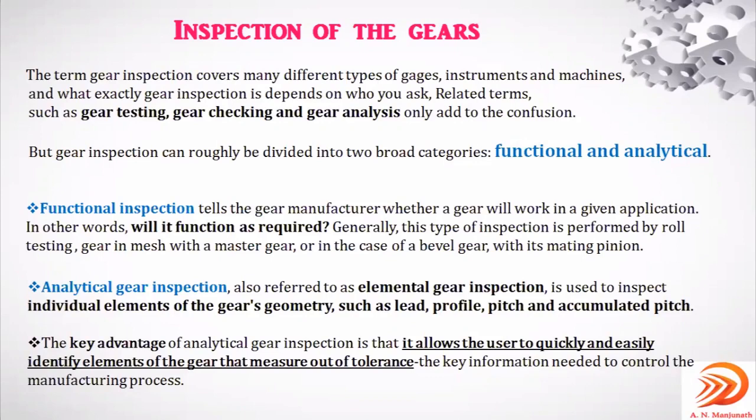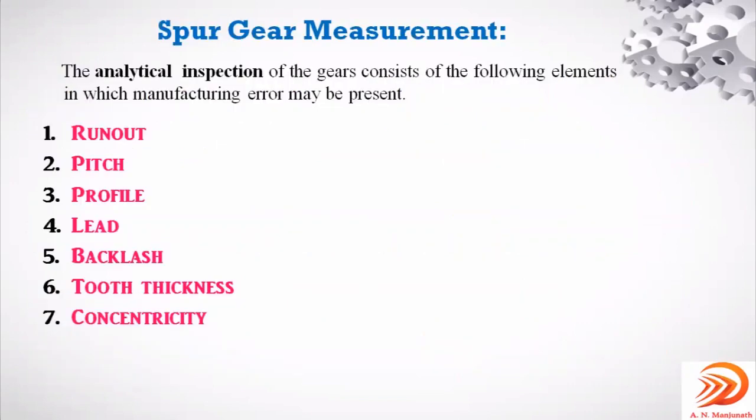They can individually and quickly analyze those elements and inspect whether they are falling out of the tolerance zone or not, right? This information is very essential for the manufacturing process in order to control it. If you want to control something, you need to measure it. For gear inspection, a lot of different types of measuring instruments and gauges are used, right? So this was what we discussed in the last class.